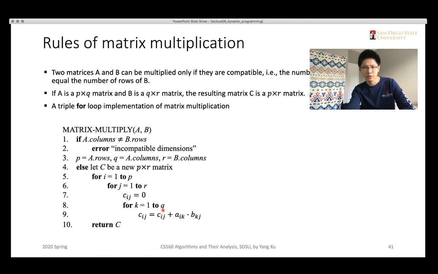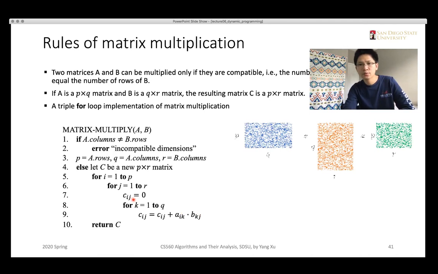We only change k, for k from 1 to Q. So it's like a cumulative dot product that sums up all the products between the elements in A and B. That's how we compute C_ij.